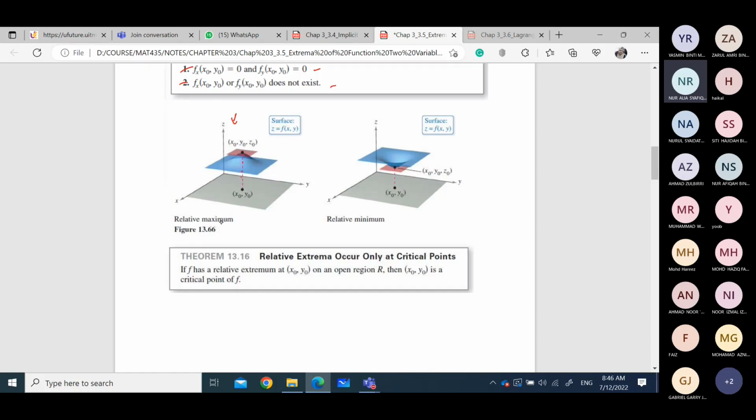So this one is about relative maximum and relative minimum. Based on this surface, we identified that it has a minimum point, which is down here. It lies on this plane, x naught, y naught. So figure 13.66 shows the relative maximum and relative minimum.